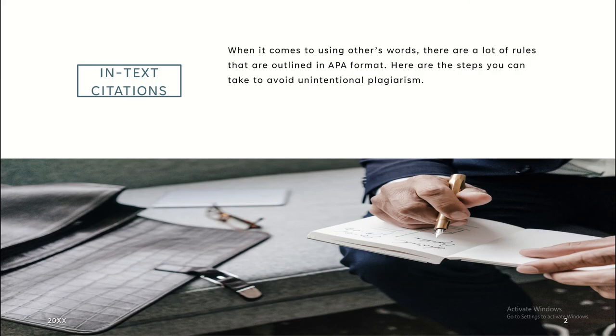So an in-text citation is how we use another person's words or ideas within our own work, and how we give them proper credit to avoid unintentional plagiarism, right? So whenever you put something in a quote, you have to give that source complete, or at least what's required for the in-text citation in APA format, to avoid accidentally plagiarizing.